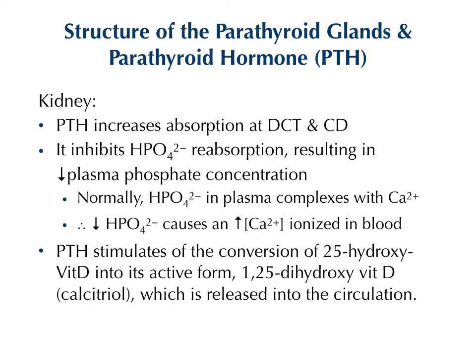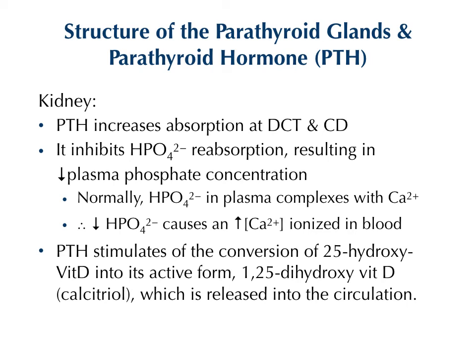As well, we talked about how parathyroid hormone will cause the kidney to increase absorption of calcium at the distal convoluted tubule and collecting ducts, which you should know well from just having done the kidney.